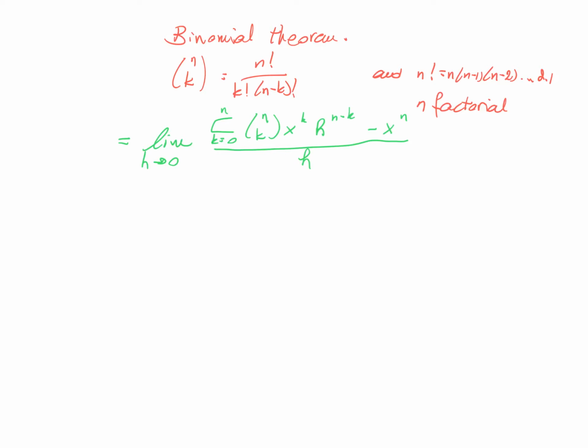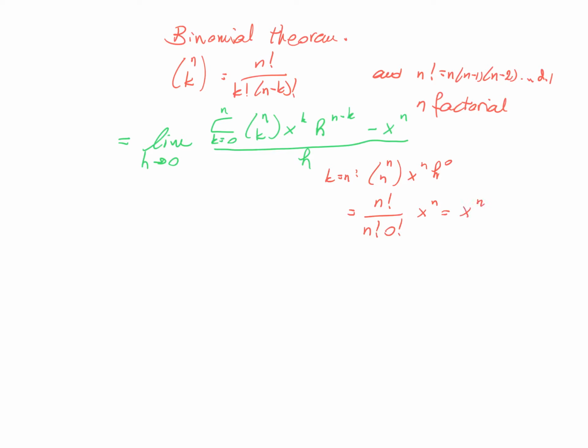If we then look at the term where k is equal to n, this is n out of n times x to the power n times h to the power 0. n out of n is n factorial divided by n factorial times 0 factorial. The first one is just 1, so this is x to the power n.